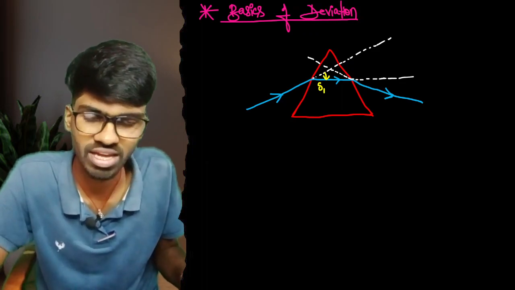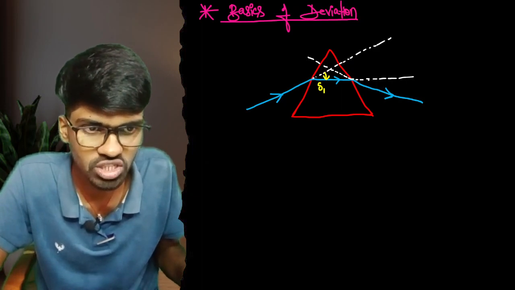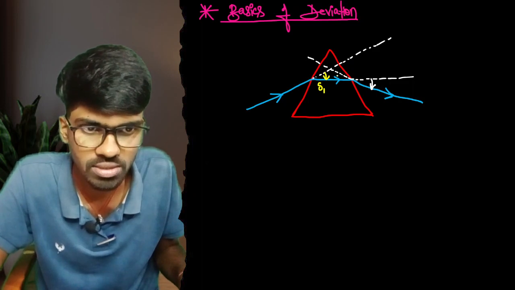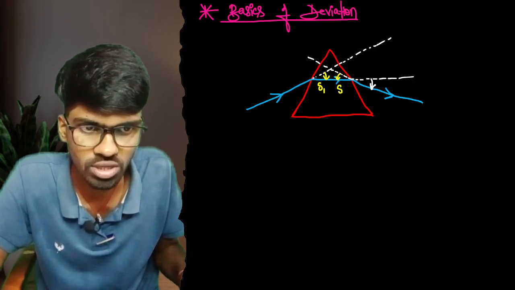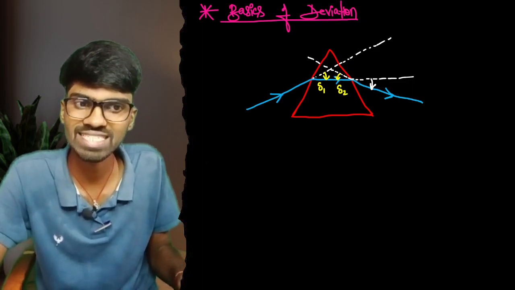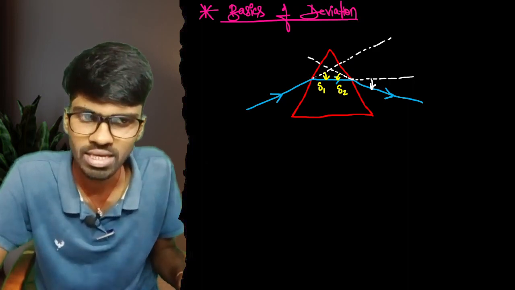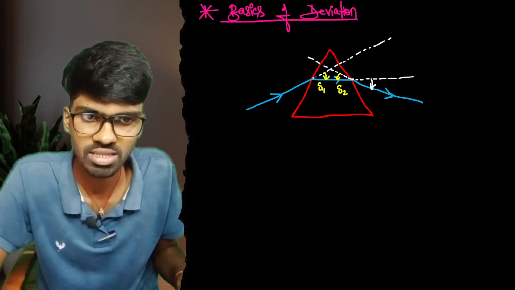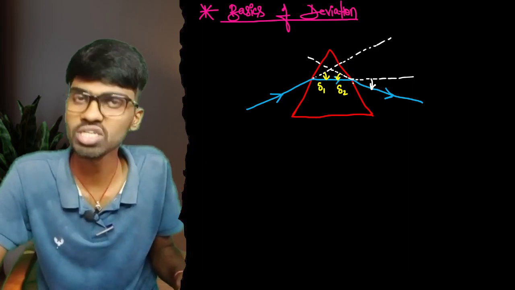The refracted ray we can also extend. This is the deviation, or this is also the same value. As these angles are alternate angles, we can call this angle deviation 2. So this is the deviation delta 1 and deviation delta 2.